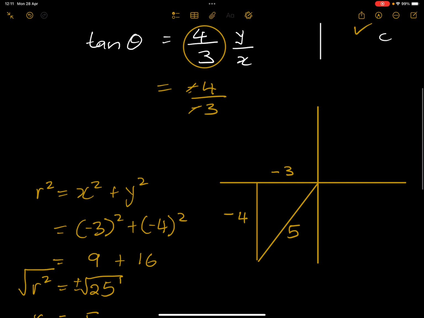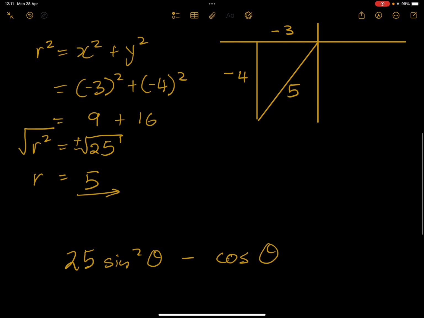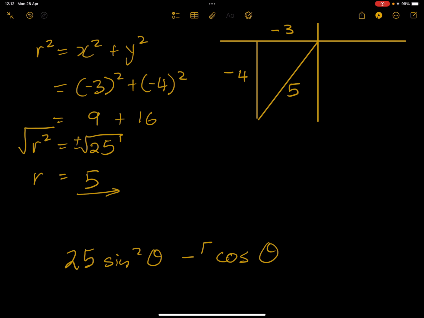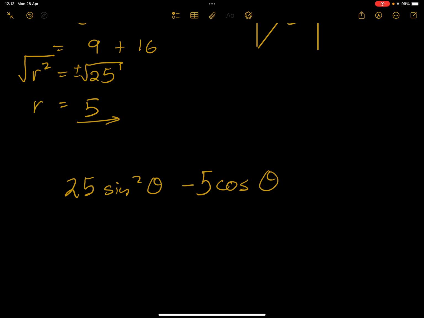Now I want you to note, ladies and gents, we've already located where we've got our trig ratio. So this is 25 sine squared theta minus 5 cos theta. Now remember, sine is y over r, that's squared, minus 5 times cosine, which is x over r.